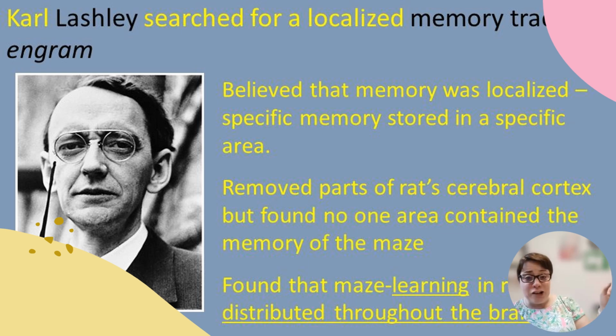Lashley argued that if engrams were localized, then a rat should have an engram specifically for food-seeking behavior, and that it would be possible to destroy this engram through lesioning and therefore eliminate the food-seeking behavior. However, Lashley found that no amount of lesioning resulted in the stopping of food-seeking behavior, which suggests the rat did not possess localized engrams in their brain that controlled their behavior.